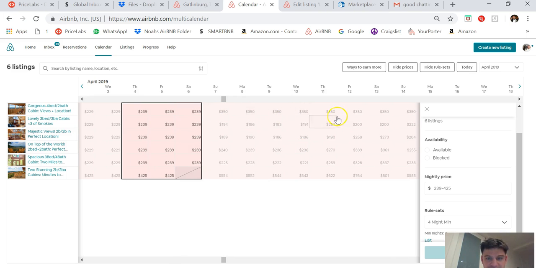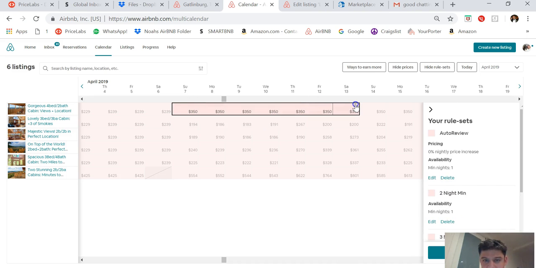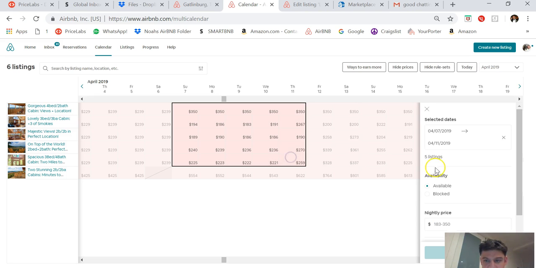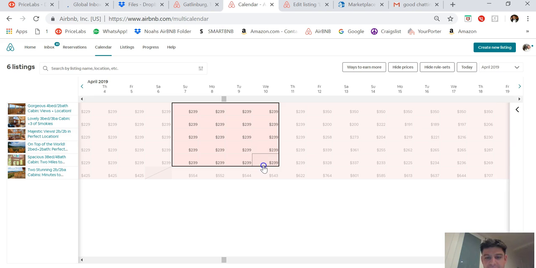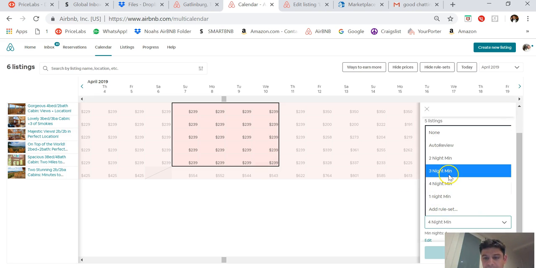Okay, now 350 is probably too high. Then we're going to start making some adjustments here. And we're getting further out in the future, so we can increase the prices a little bit as we go into the future, just for the time, we have more time, but we don't want to get too crazy.